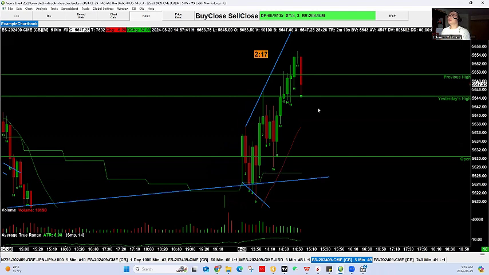1, 2, 3. This is a third leg and the reverse. This could be an entry if this bar closes at the low of this bear bar.